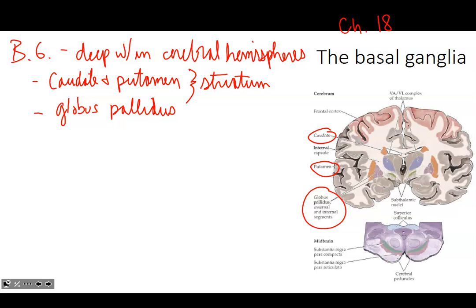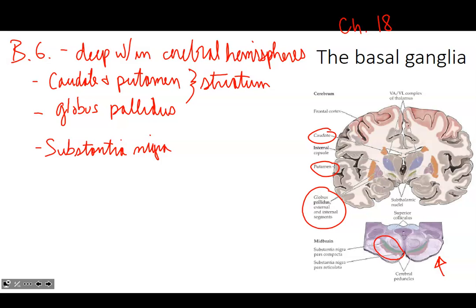Additionally, at the base of the midbrain is a structure called the substantia nigra. They've cut away some of the brain to show you the midbrain here, and the substantia nigra is both of these bands.